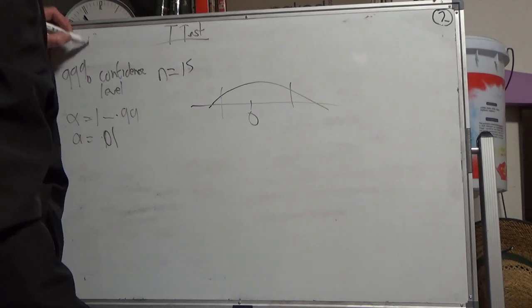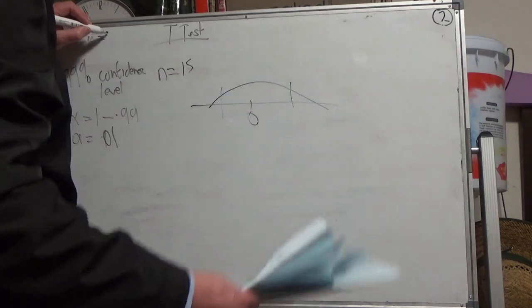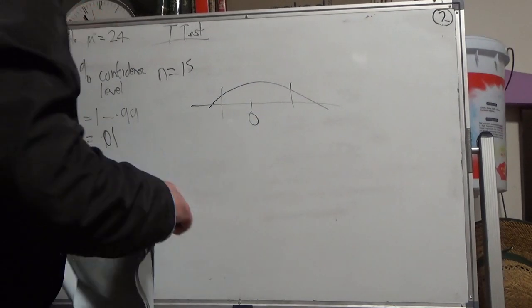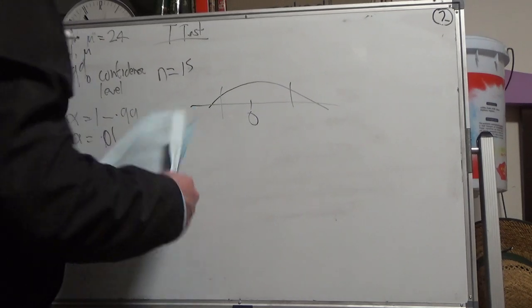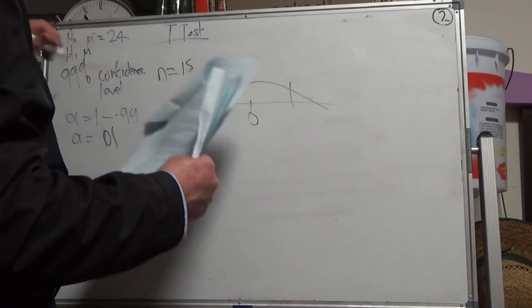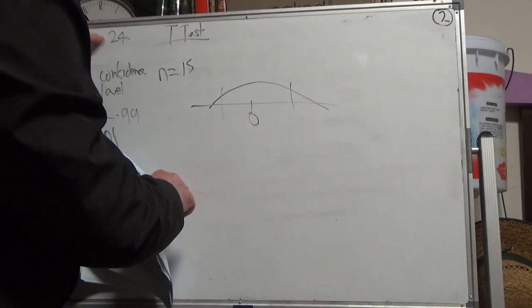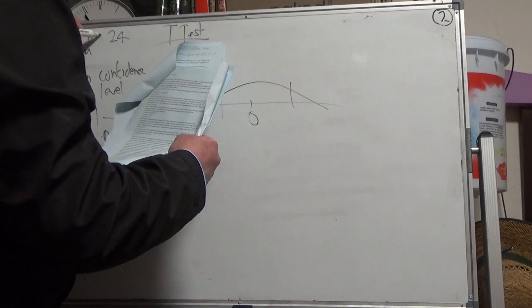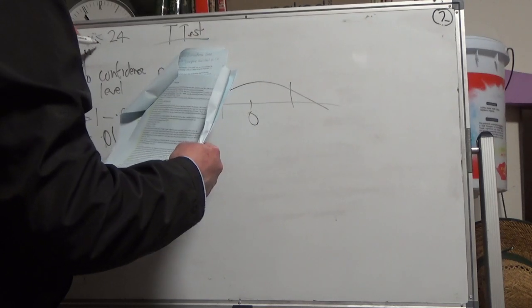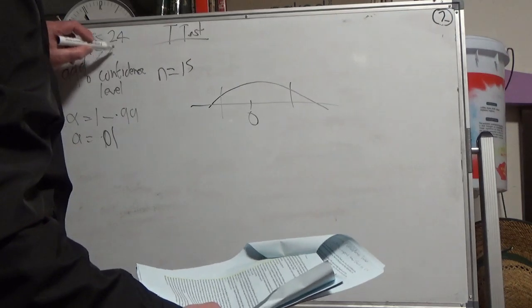The null hypothesis is mu less than or equal to 24, and the alternative hypothesis is mu greater than 24. Sorry, we made this a one-tail test.